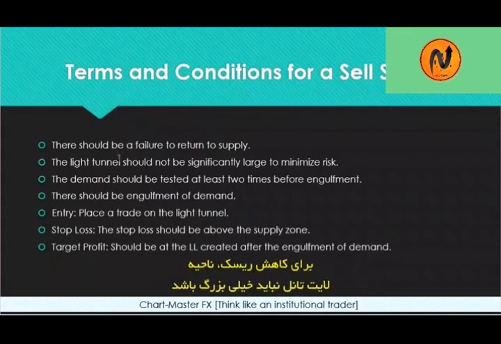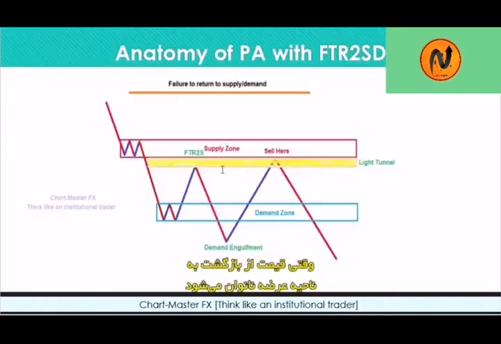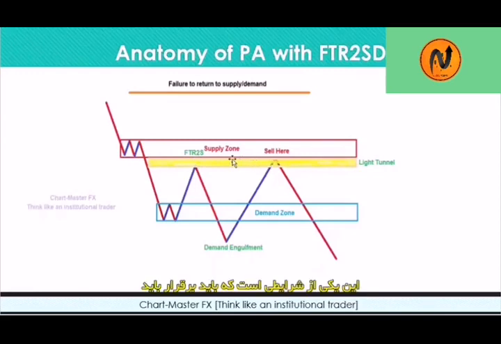And the light tunnel should not be significantly large, to minimize risk. So this is what we are saying, guys, that as you can see, when the price failed to come to supply zone, our light channel is not significantly large, and this is one of the conditions that you need to make sure has been met.